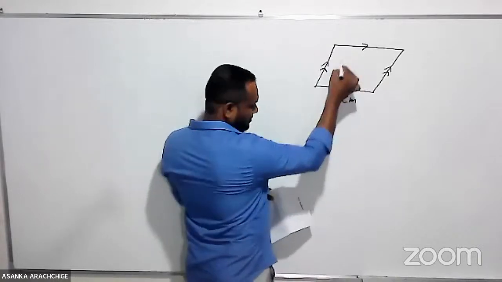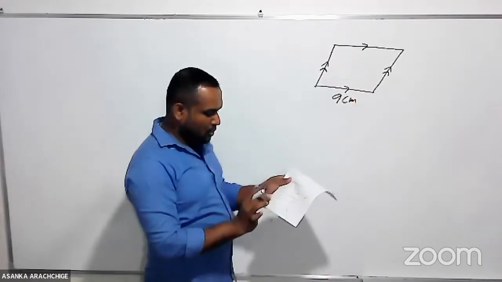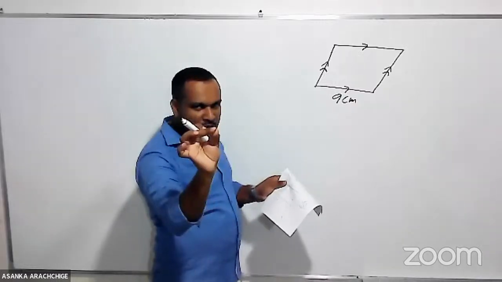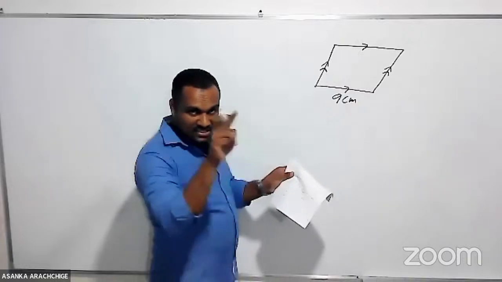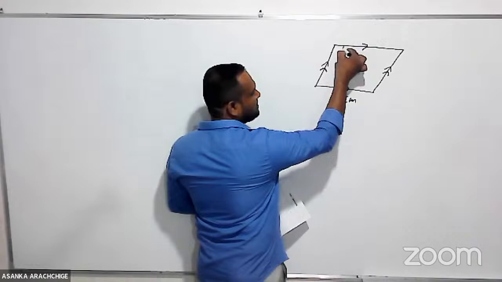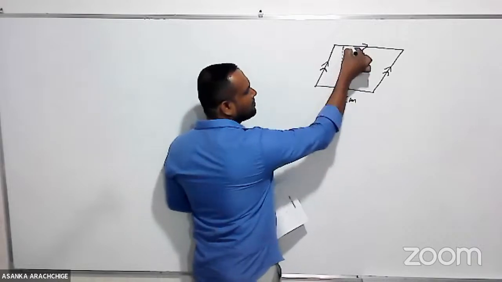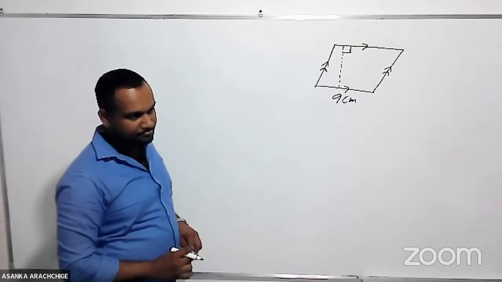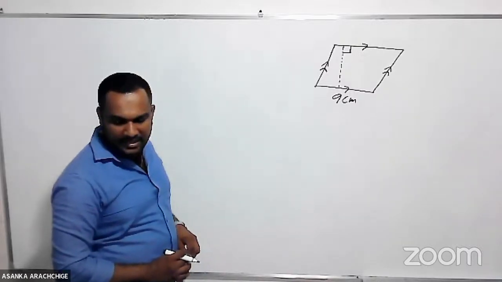In every figure you have to put the perpendicular symbol there. The right angle symbol is a square symbol like this. Put the square symbol, the right angle symbol, because it is missing there.